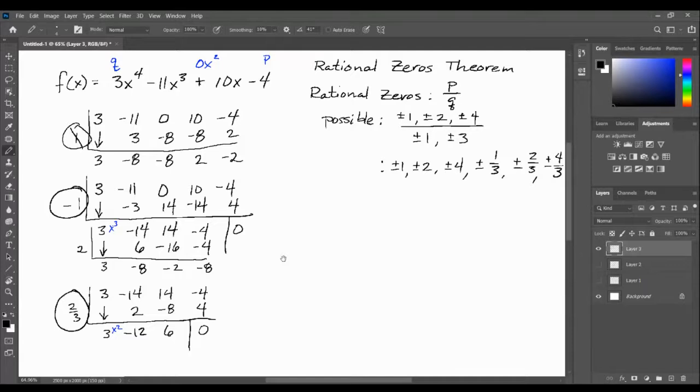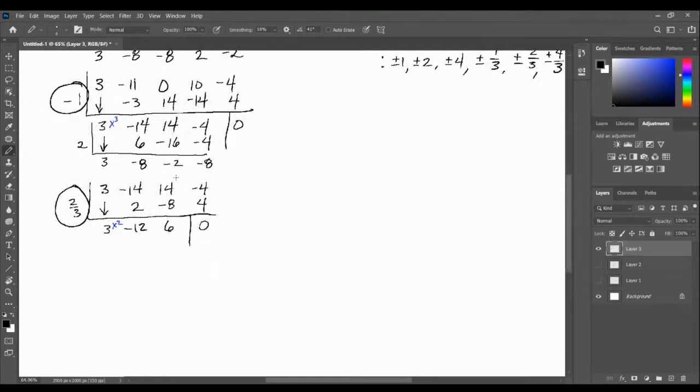Let's see, do I have some room here? I do. So x will equal the opposite of b, and I've got a, b, and c listed right there, plus or minus the square root of b squared minus 4 times a times c, all over 2a.